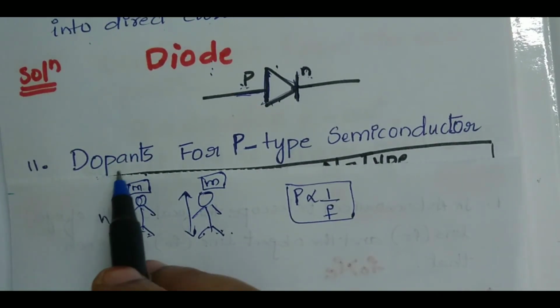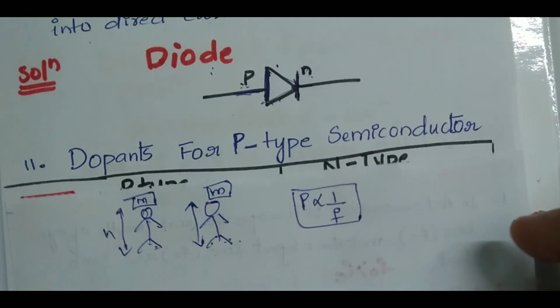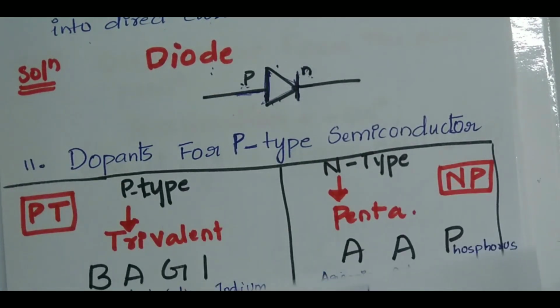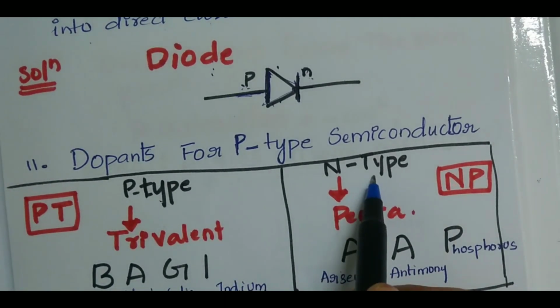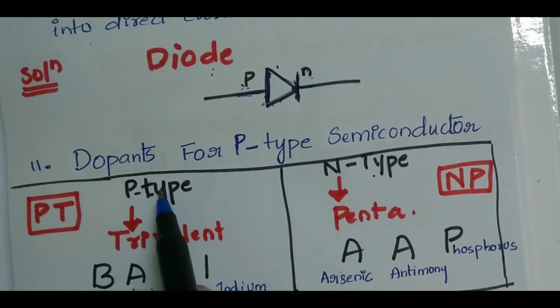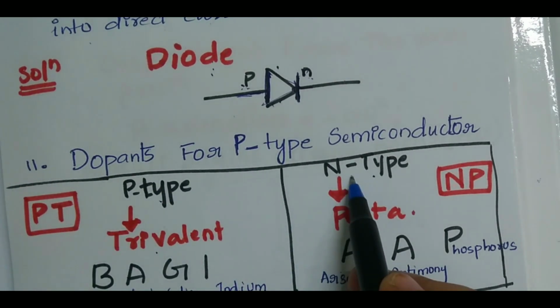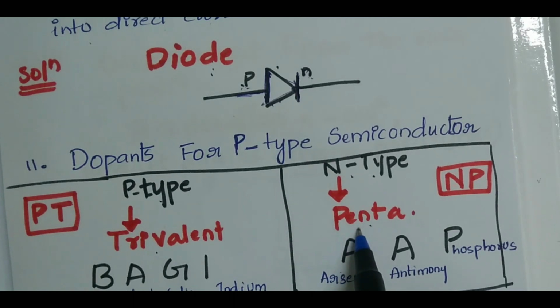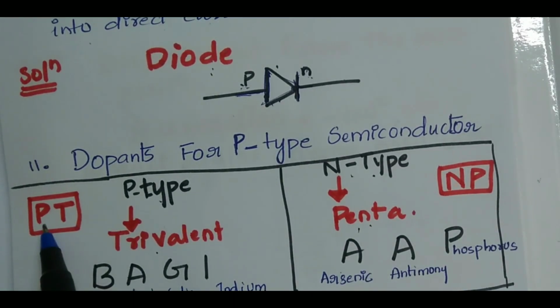The 11th one is dopants for P-type semiconductor. Which are the dopants for P-type semiconductor? Here we have P-type semiconductor and N-type semiconductor. P-type semiconductor is doped with trivalent impurities and N-type semiconductor is doped with pentavalent impurities. How will you remember? You can remember it in terms of PT teacher.